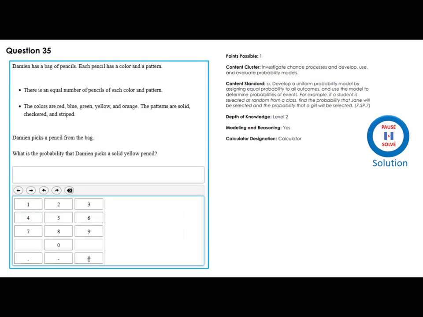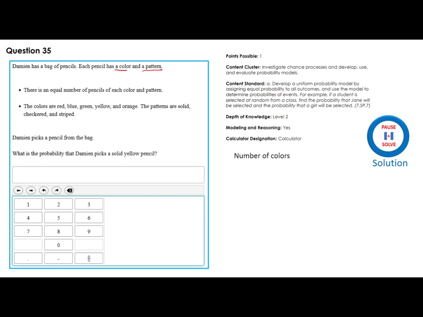Damian has a bag of pencils. Each pencil has a color and a pattern, okay? There is an equal number of pencils of each color and pattern. The colors are red, blue, green, yellow, and orange.